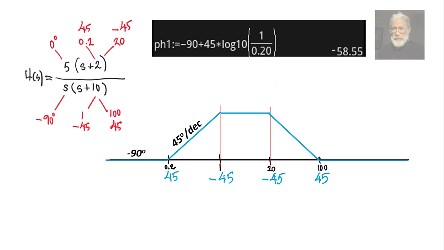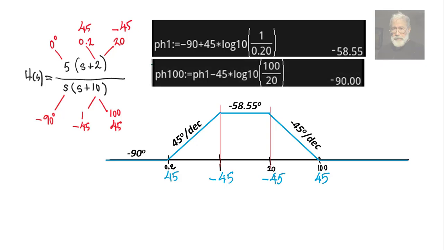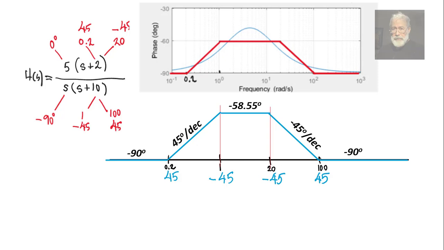The phase at 1 radian per second is negative 58.55 degrees. And then at the other end, we have a slope of negative 45 degrees per decade. Using a similar formula, we find that the exit value of the approximate plot is negative 90 degrees. Let's compare that with the exact plot like this.